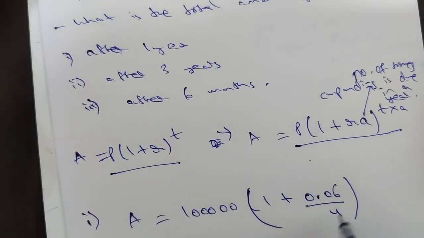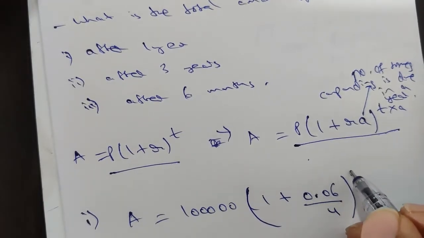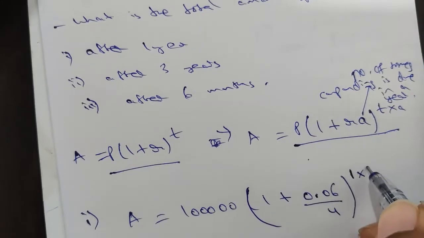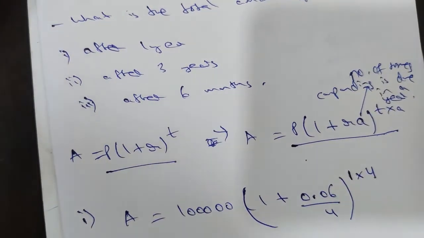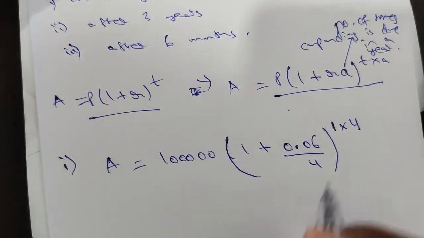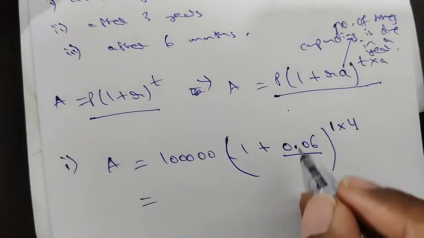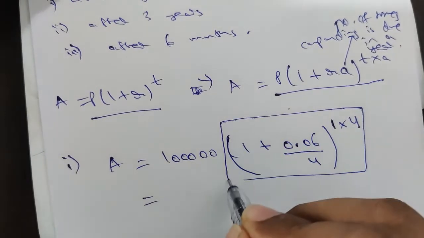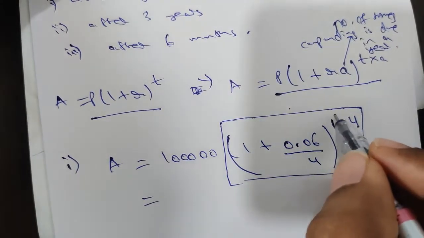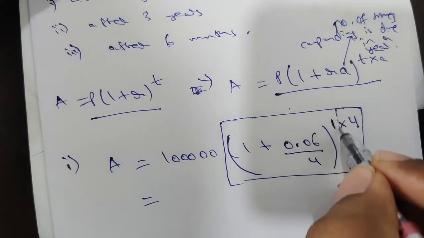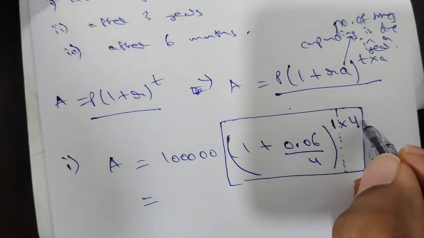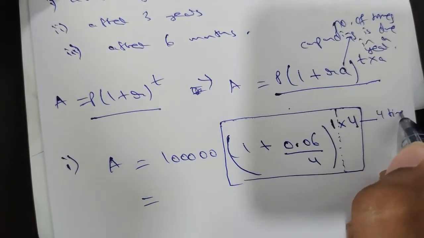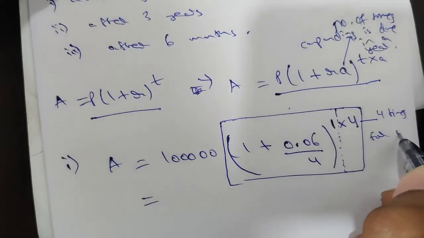Because this is getting compounded at the end of every quarter, and time was 1 year, so we multiply it by 4 also. The reason is this is getting compounded 4 times in a year.